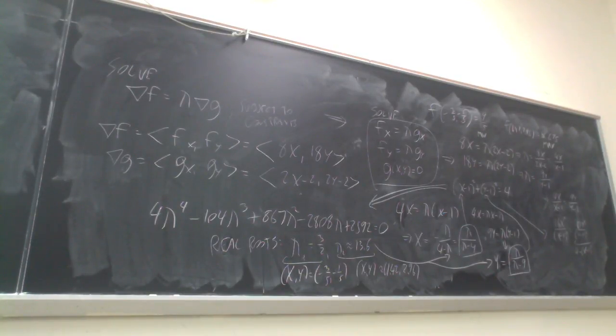Okay. So we're trying to find the maximum of this function subject to, so we have this cylinder that's centered on the z-axis. But then we have a plane, and it's not meant to be an accurate graph of the plane.